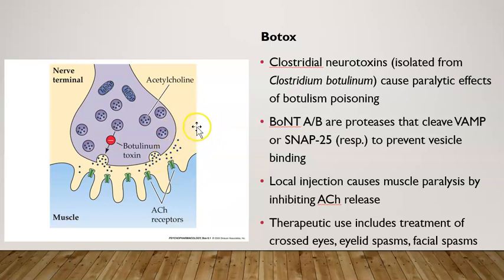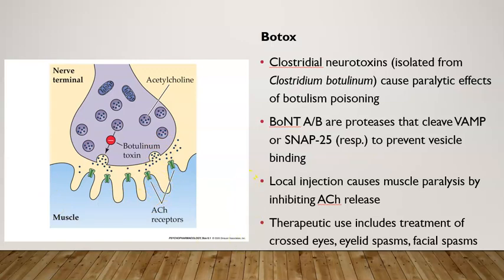It paralyzes the neurons that talk to the muscles because the acetylcholine cannot be released, so the muscles do not know to contract. The muscles will stay relaxed. The muscles can't contract because there's no acetylcholine telling them to.